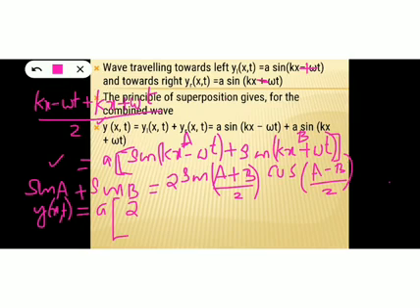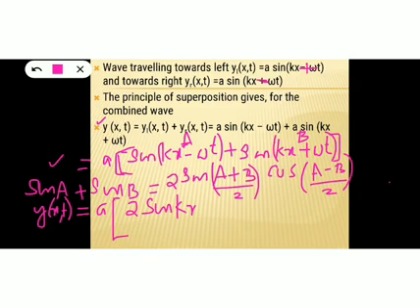Here minus omega t and plus omega t cancel, and we are left with kx plus kx, which is 2kx. 2kx by 2 is kx. So sin((A plus B) by 2) is sin kx.